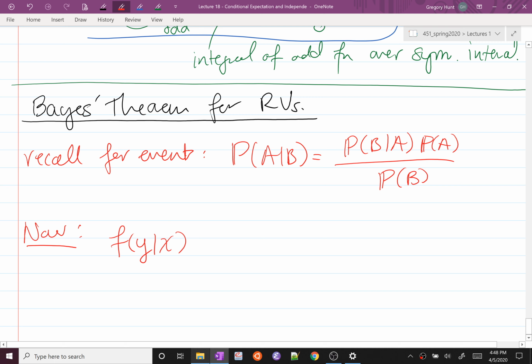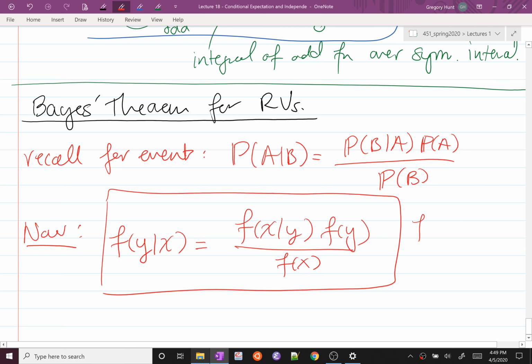It's f of x given y, f of y over f of x. This is true as long as this thing is bigger than 0, right? And that's true of all conditional distributions. The thing we're conditioning on cannot have probability 0, otherwise we run into problems.